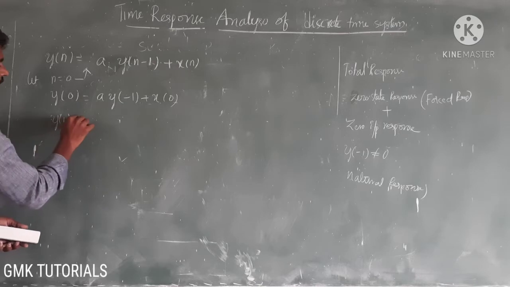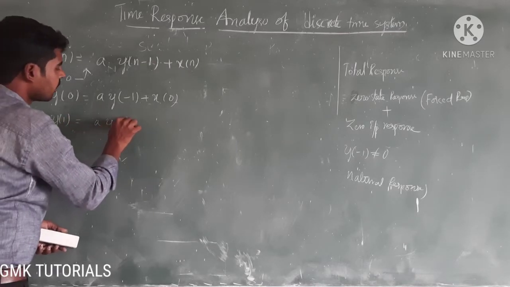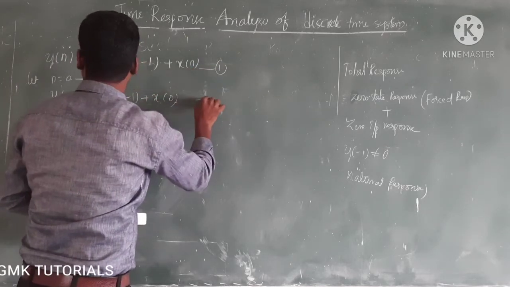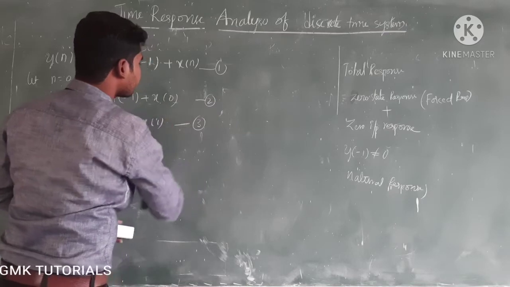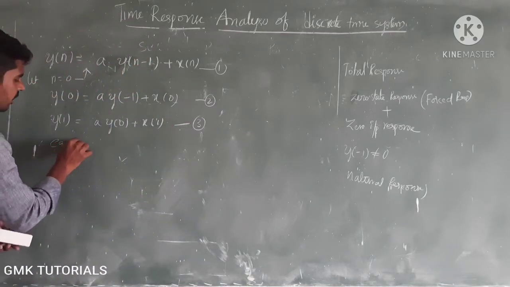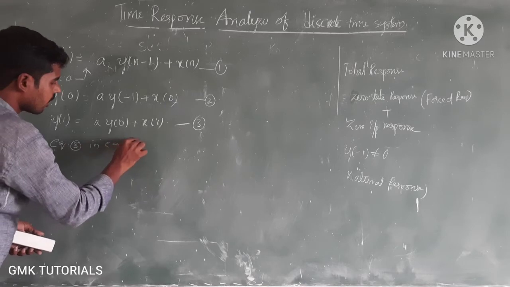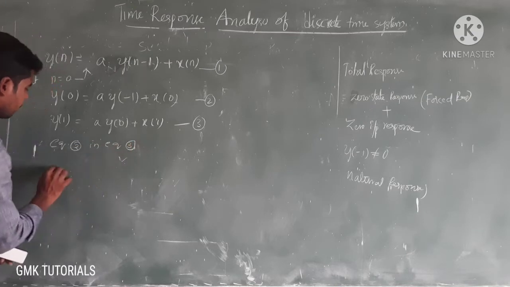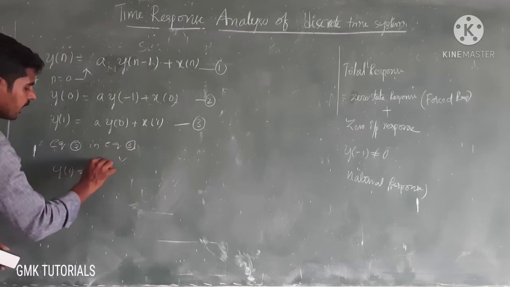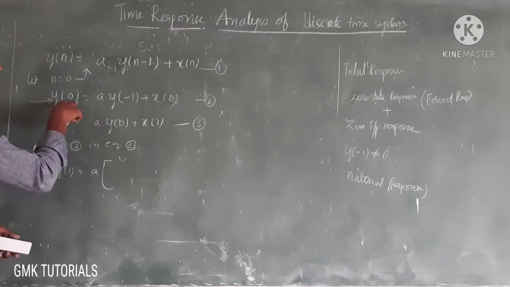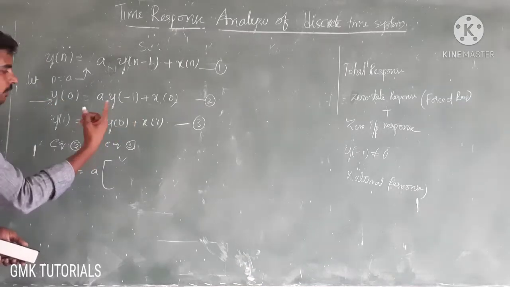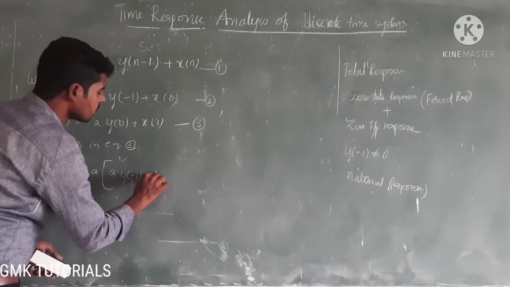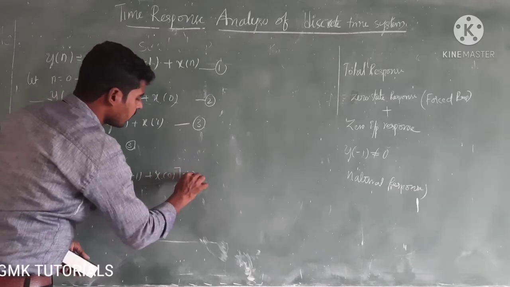Substituting n equal to 1 instead, we get y of 1 equal to a into y of 0 plus x of 1. Let us call these equation number 1, equation number 2, and equation number 3. Substituting equation number 1 in equation number 2, y of 1 is equal to a into y of 0, and this y of 0 can be replaced using the corresponding equation: y of 0 is equal to a into y of minus 1 plus x of 0, plus x of 1.